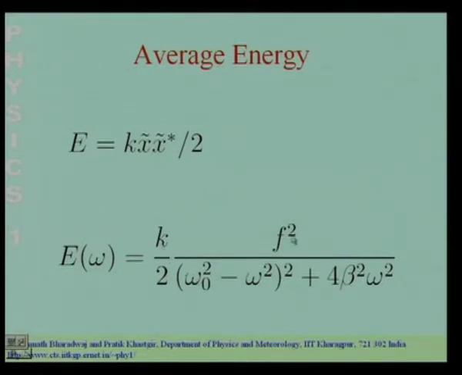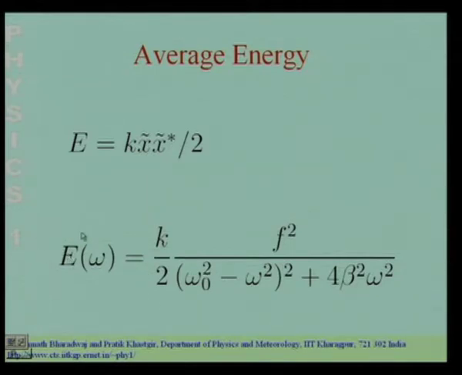So, what you have is given over here. You have the amplitude of the force squared. Remember, f is the amplitude of the force divided by the mass. So, you have the square of f, and in the denominator you have the square of the denominator that occurred in the expression for x, the amplitude x. So, this is what you get.